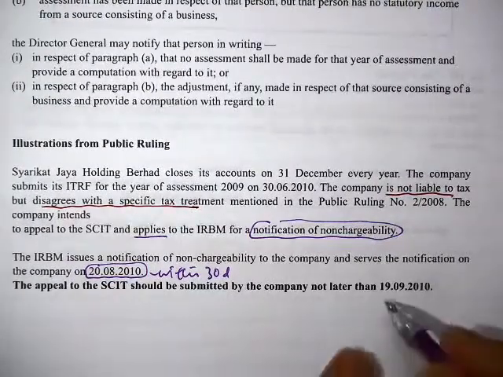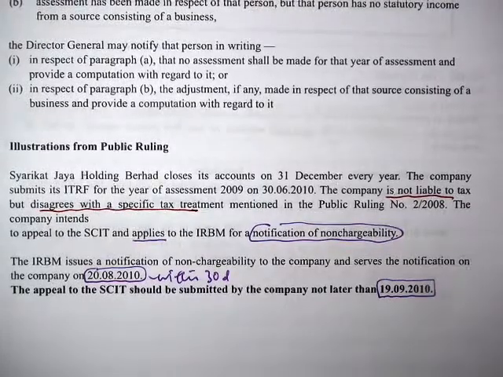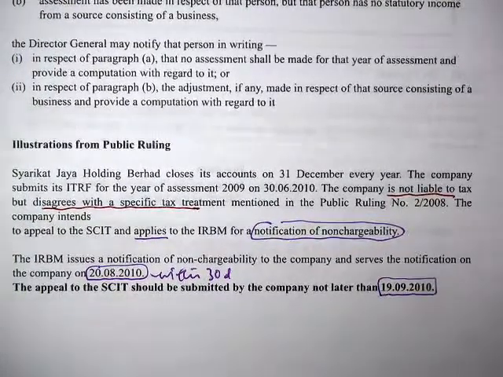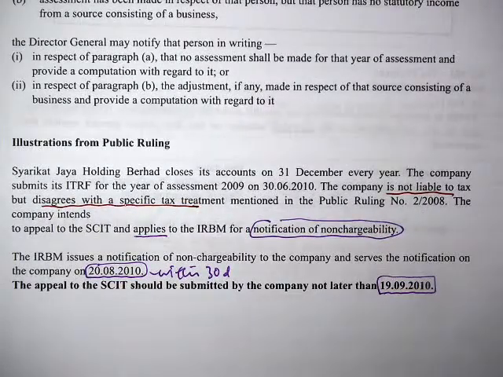So the last day to submit the appeal is 19 September 2010. This is what you can do. That's what we mean by notice of non-chargeability. So the appeal is a very short area, done already.